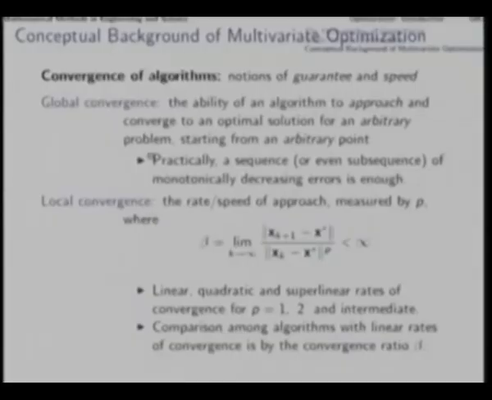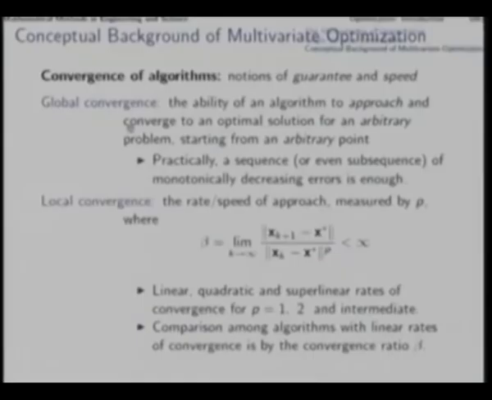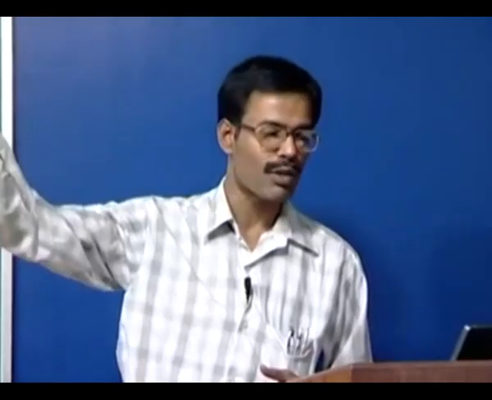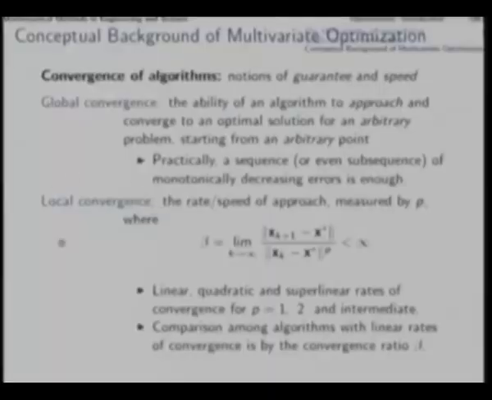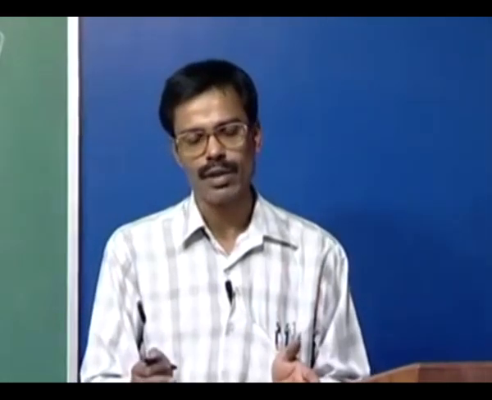The other issue in terms of convergence of algorithms is local convergence, that is what is the speed of approach if we start sufficiently close. So, global convergence refers to the guarantee of approach from anywhere in the solution space. Local convergence refers to the speed of approach if started sufficiently close.